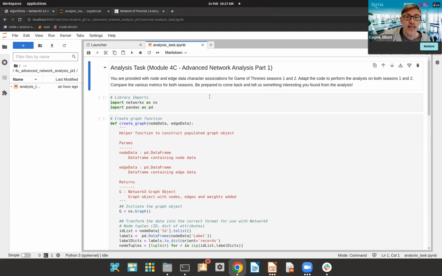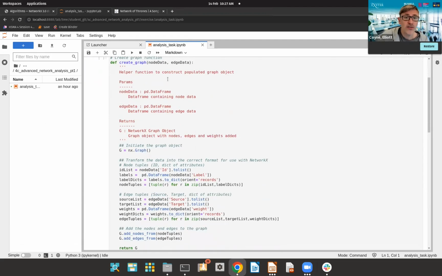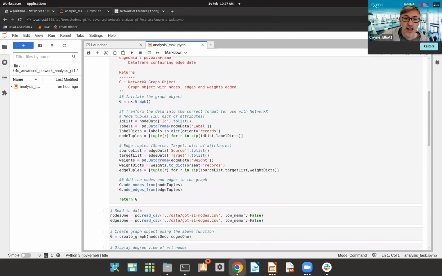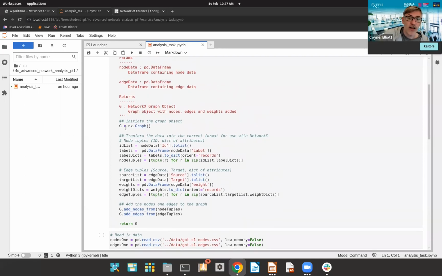Within this, we've got the library imports, which I've done for you. You've then got this function to create a graph. Hopefully you will remember this from last week when we had a play at creating a very simple graph. This is the same code, but for anyone who wasn't here: you instantiate a graph object, so nx.Graph.